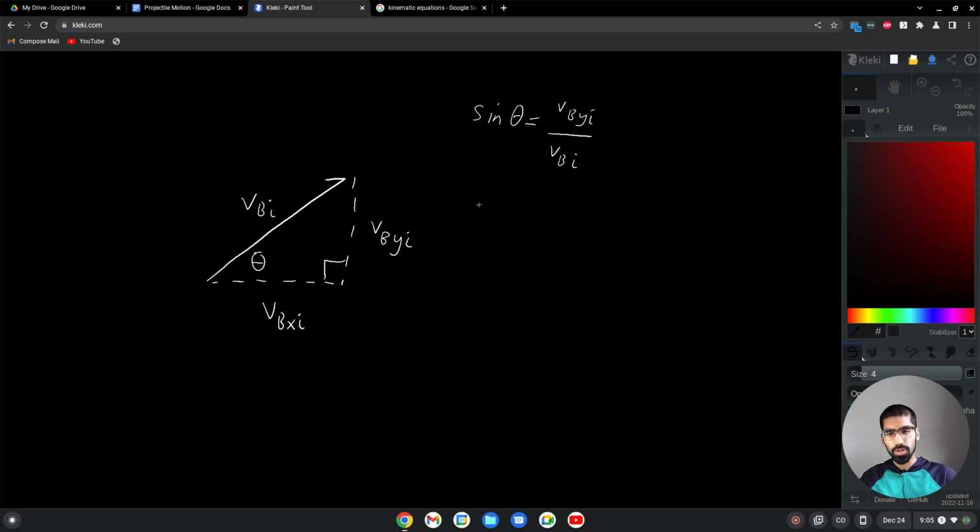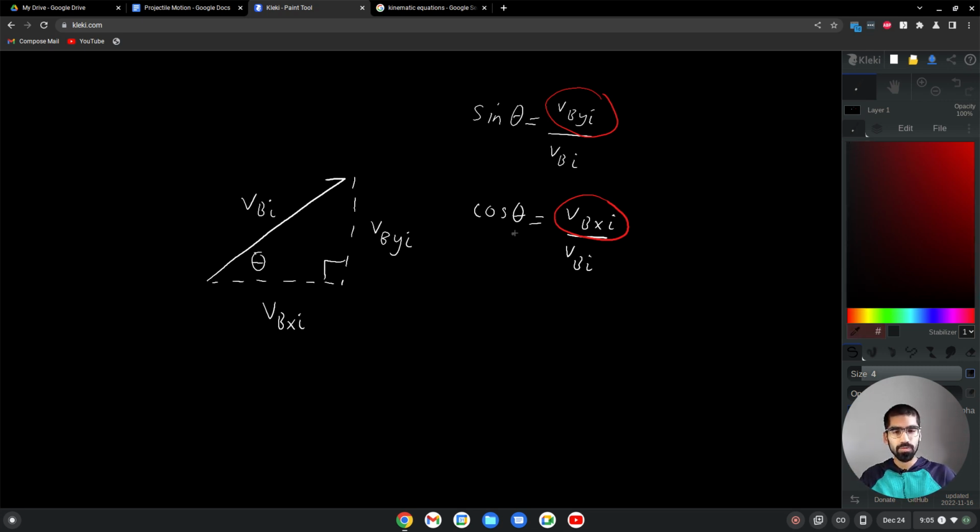Cos of theta is going to be equal to this side over this side. Using these two, we can isolate for the parts we want. The parts we want are just VByi and VBxi. We want the velocity in the y direction and the x direction.